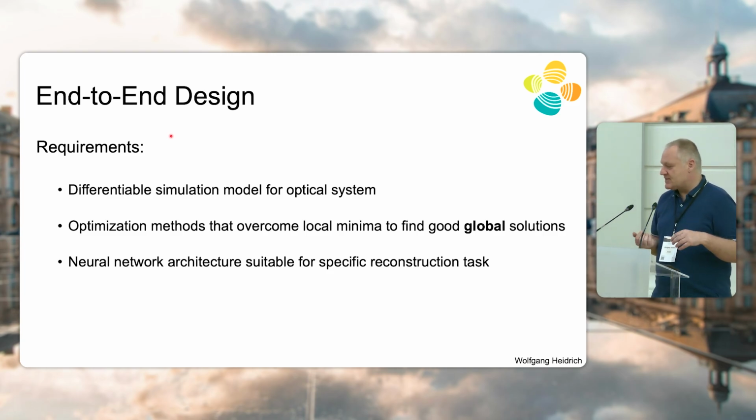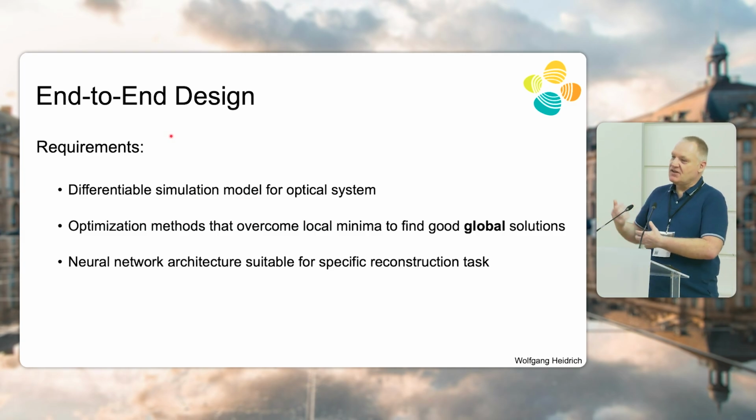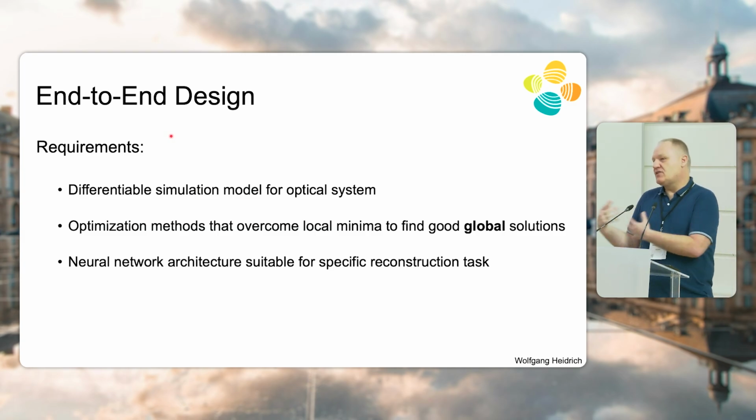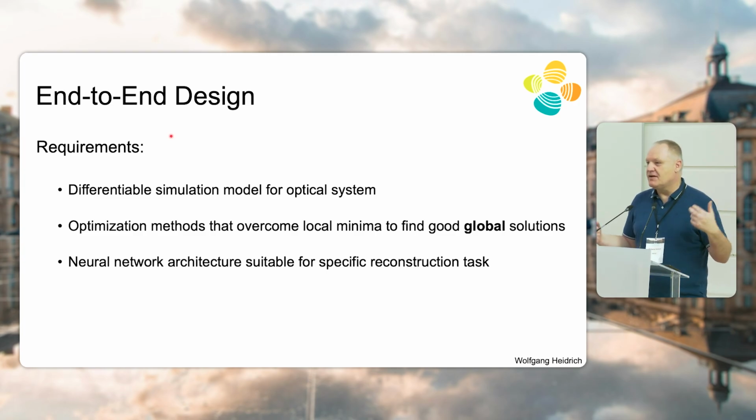And for anybody who has actually designed an optical system with something like CODE V or Zemax or whatever, you get stuck in a local minimum immediately, right? So just because you have a differentiable simulator doesn't necessarily mean you can find meaningful minima in the inverse design. So we all need to overcome local minima and find good global solutions.